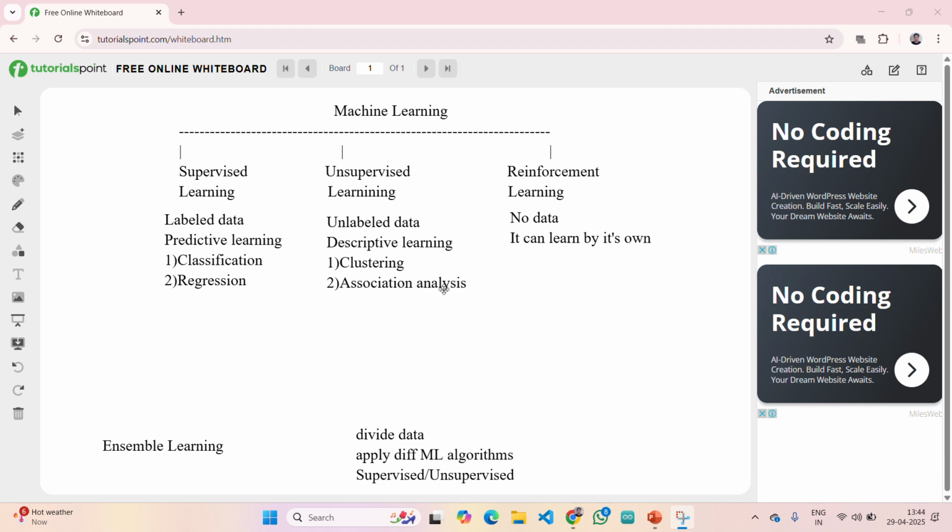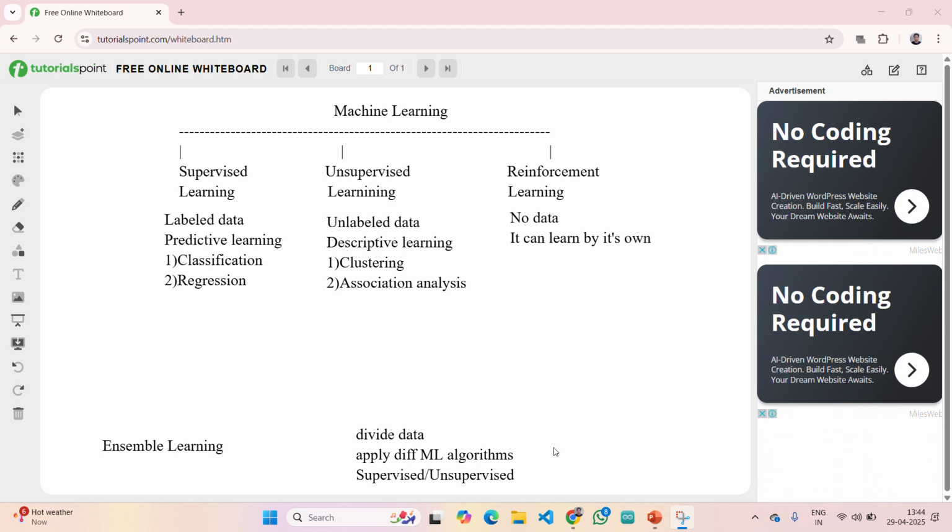The application for association analysis is market basket analysis, a popular application of association analysis. These are the things which we have discussed.